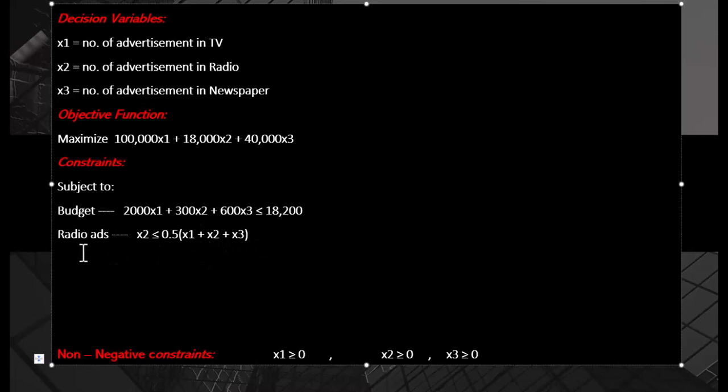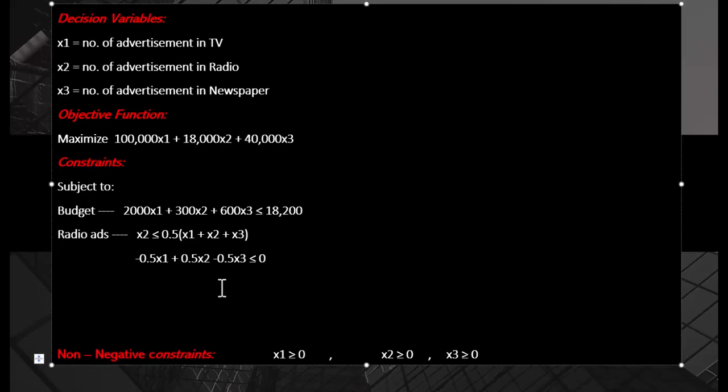Or we can write it in proper formatting, which is 0.5 x1 minus 0.5 x2 plus 0.5 x3 greater than or equal to 0. Everything will be on one side, because in Excel and in RStudio as well, we usually write all the variable terms on the left-hand side and the values on the right-hand side. So it would be easier for us to work like this.